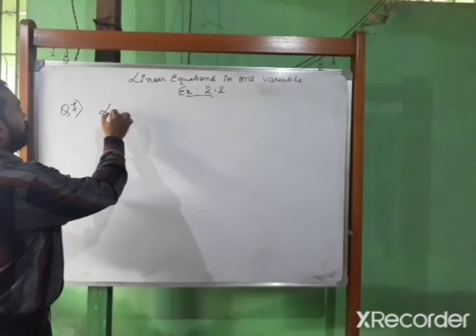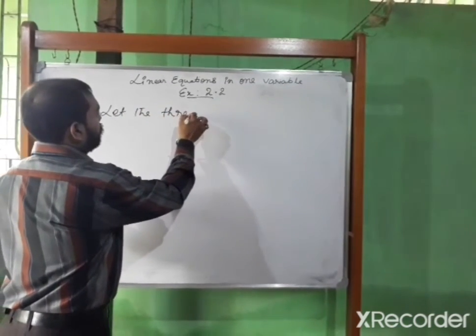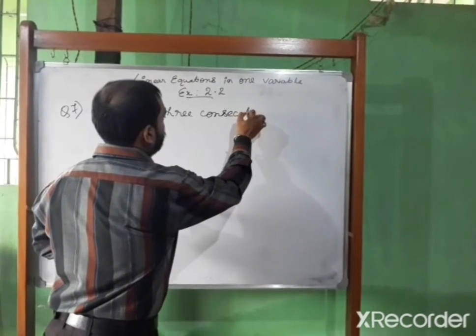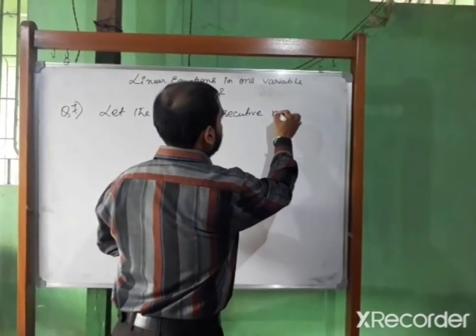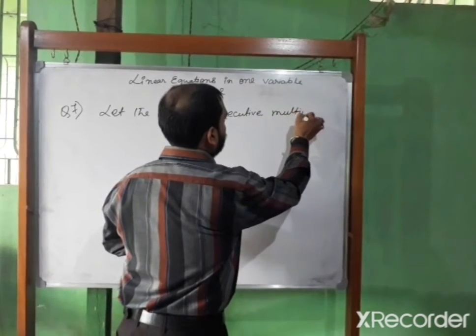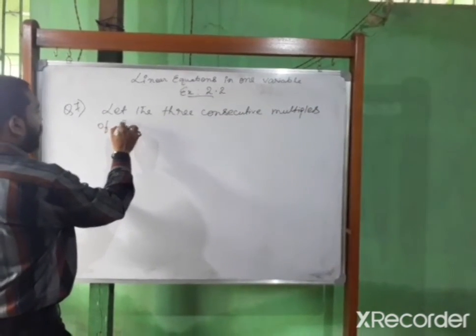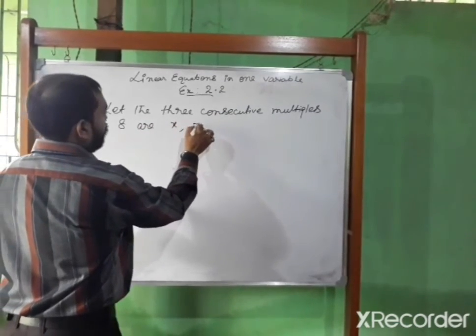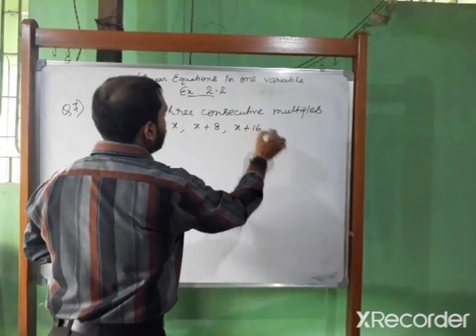Let the three consecutive multiples of 8 be x, x plus 8, x plus 16.